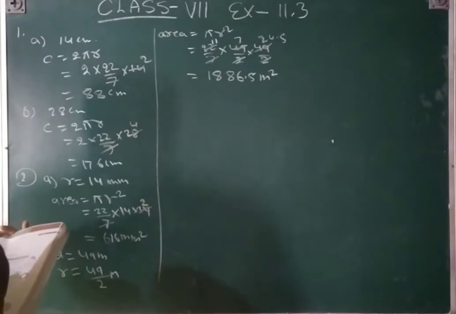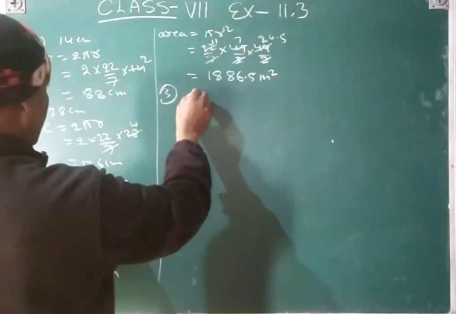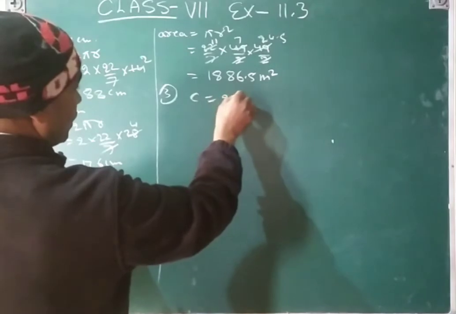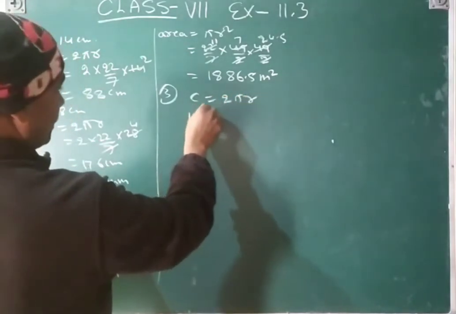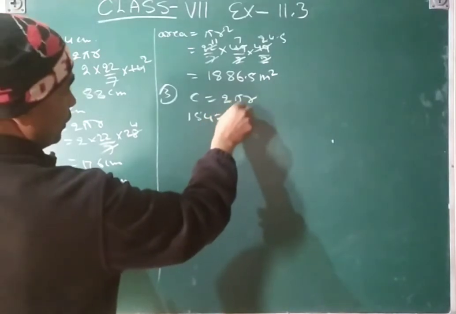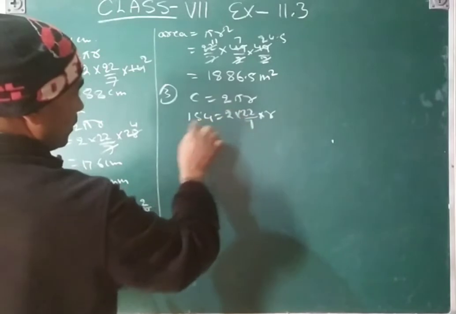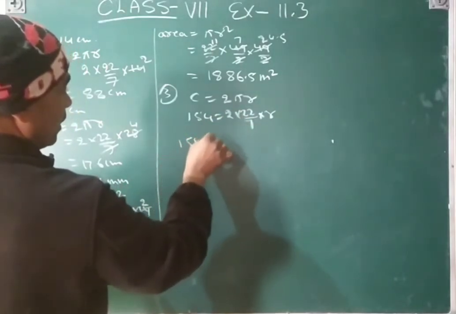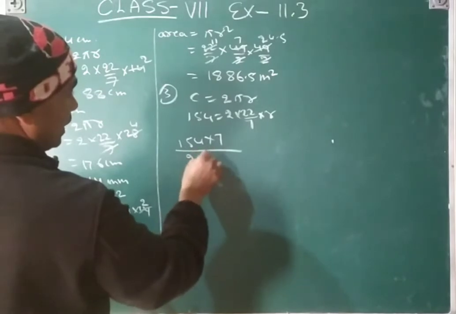Third, if the circumference of a circle sheet is this one, find its radius, and also find the area. So in the third part the circumference is given here. Circumference is equal to, we know that, 2 pi r. So the circumference is given, that is 154, is equal to 2 into 22 upon 7 into r. So these things will come this side. So 7 will go upside and these two will go in the denominator side.